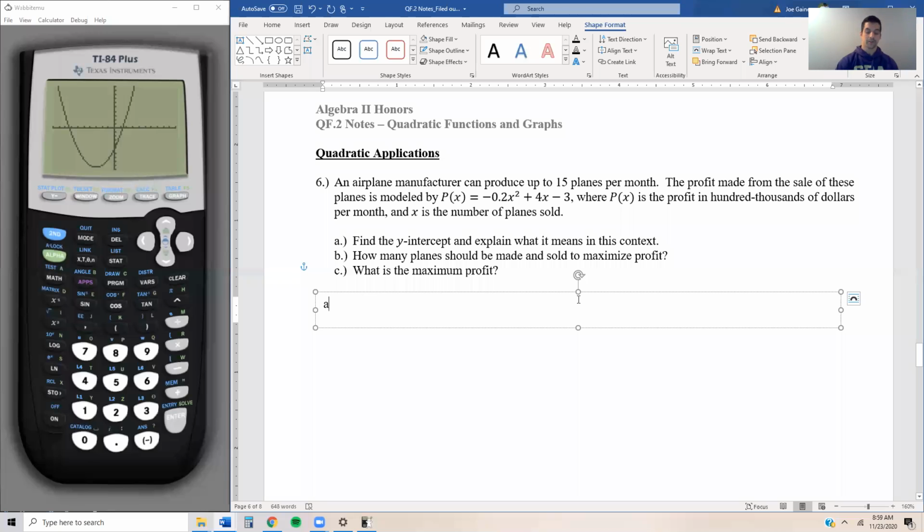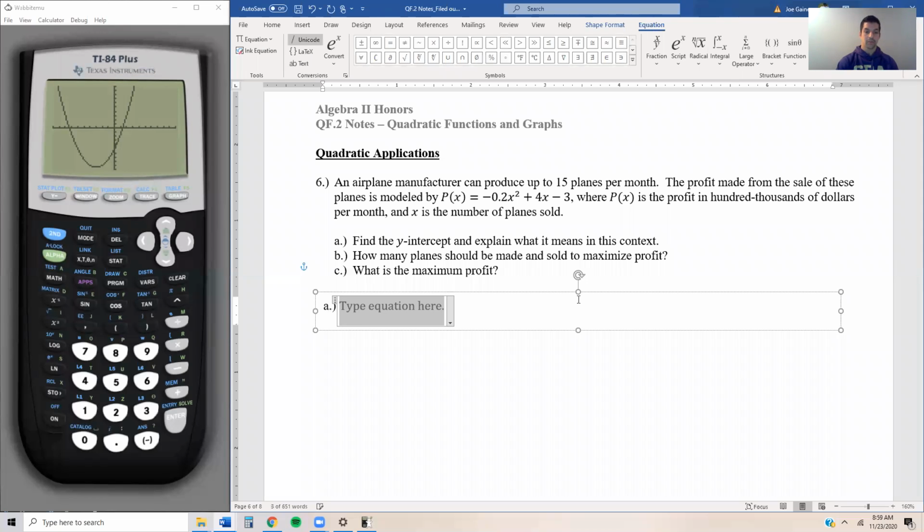Finding the y-intercept should be a pretty quick and easy concept for us. We know that the y-intercept is found by substituting in 0 for x, which algebraically is a fairly simple procedure, but even easier when we're given the equation in standard form, because it's just going to be the constant.